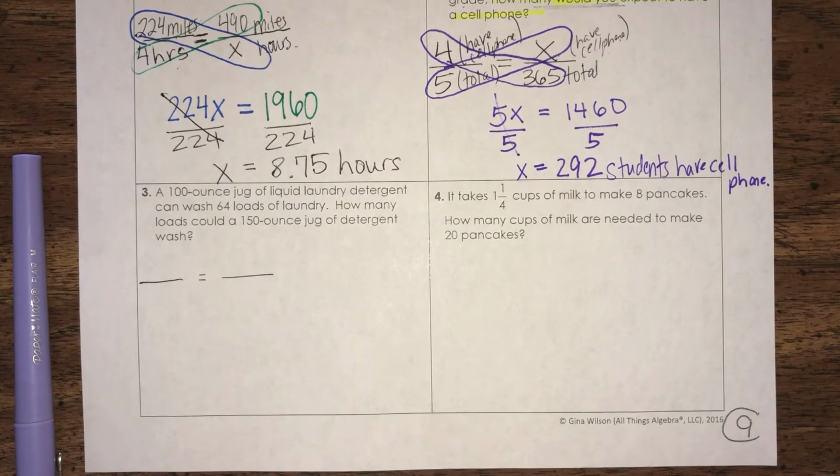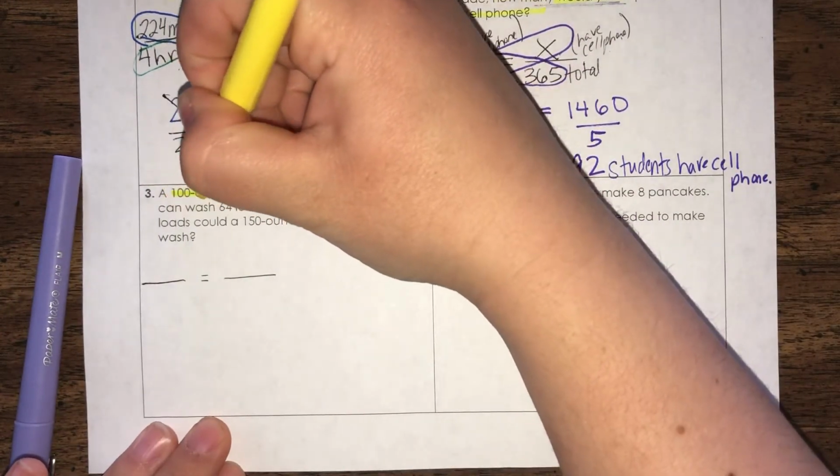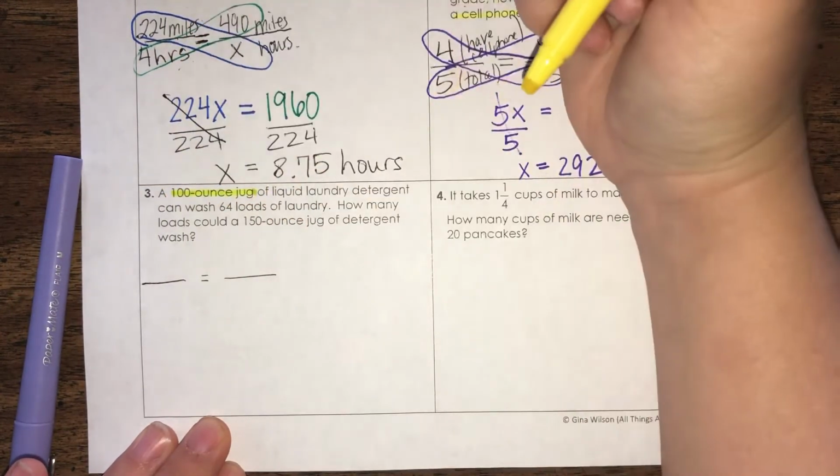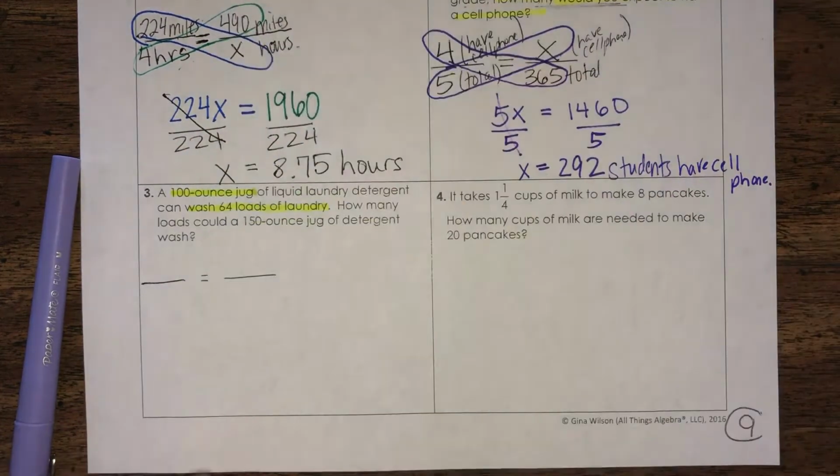A 100-ounce jug of liquid laundry detergent can wash 64 loads of laundry. How many loads could a 150-ounce jug of detergent wash? So, first sentence mentions a 100-ounce jug and washing 64 loads of laundry.